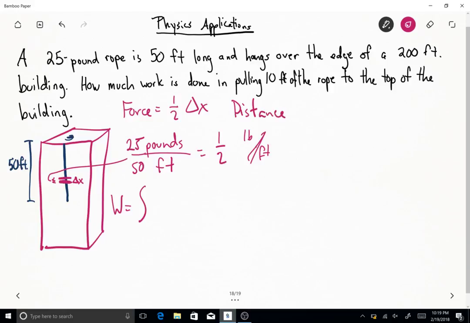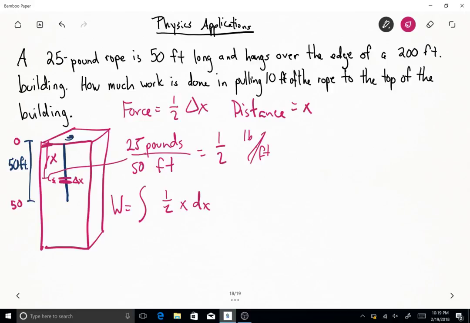So what is our distance? If we start at 0 and call this 50, and this distance from here to here is x, our distance equals x. So our work equation is force times distance, so we have the 1/2 just times x dx.